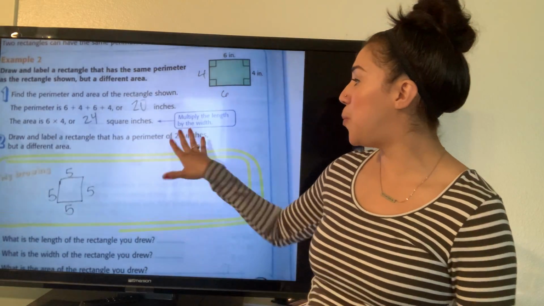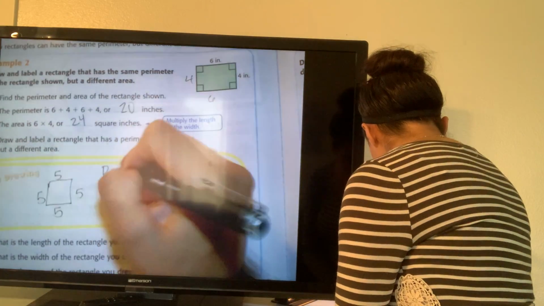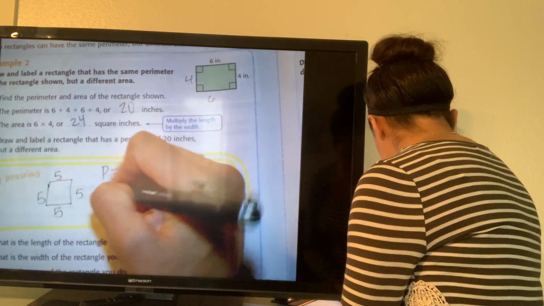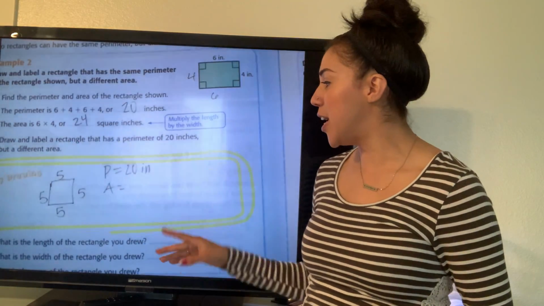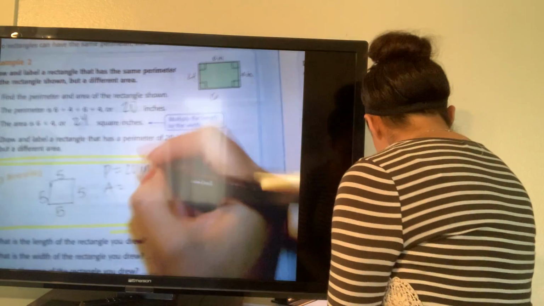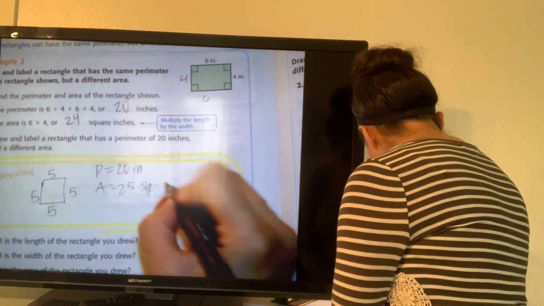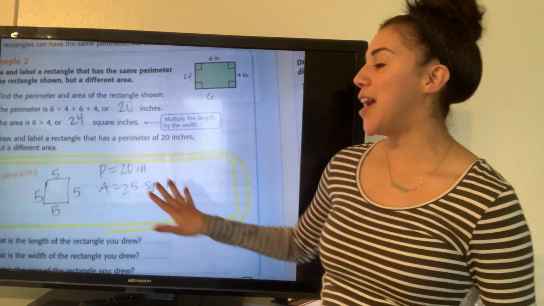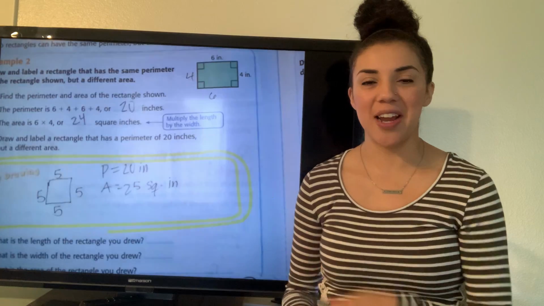So my perimeter is 20 inches. Yes, check. Now my area has to be different than 24, okay? 5 times 5 is 25. So 25 square inches is my area. Mission accomplished. Same perimeter, different area.